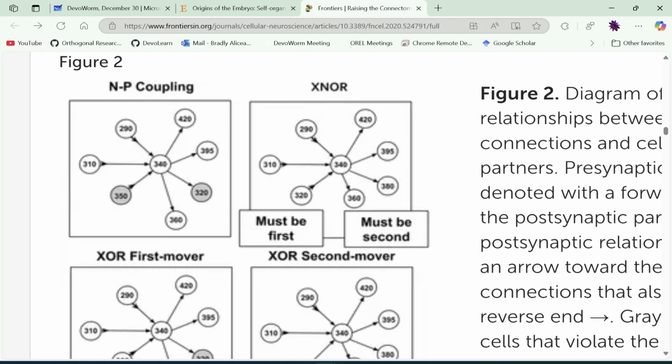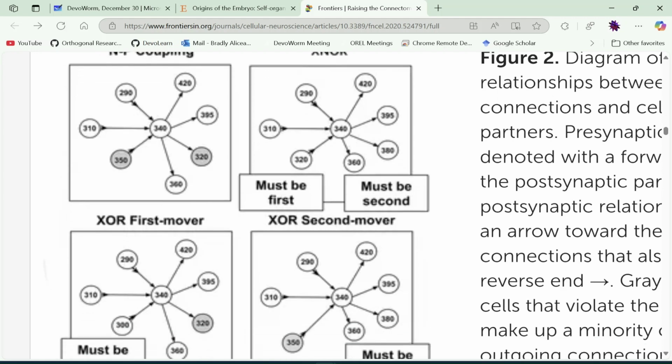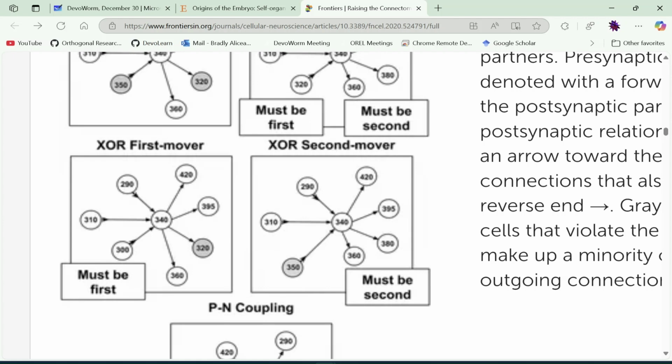So we have this information for NP and PN, so negative positive, positive negative. Then you have these logical rules applied to this network where you have to connect to maybe something that emerges first or something that emerges second. And you can apply, so exclusive OR first mover, you have to have a connection.